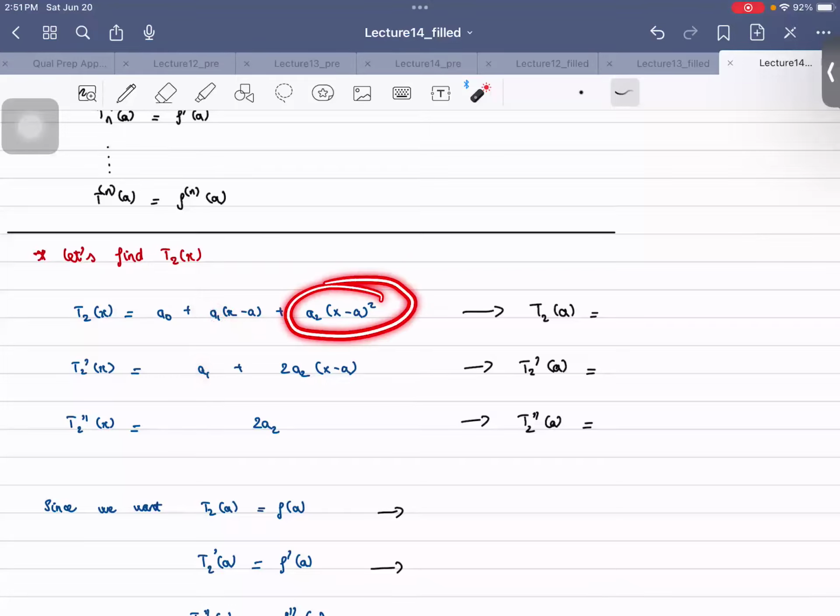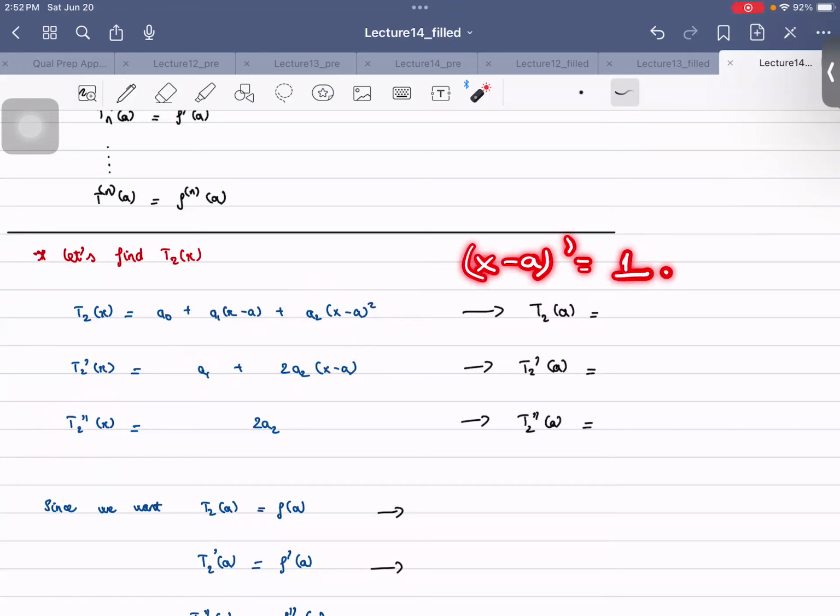What is the derivative of a2 times x minus a squared? You bring 2 to the front, so you have 2a2 times x minus a. If you take one more derivative, a1 vanishes, though not vanishes in the sense of 0. The derivative of x minus a is 1, so that means you have 2a2 times 1, so you have 2a2.